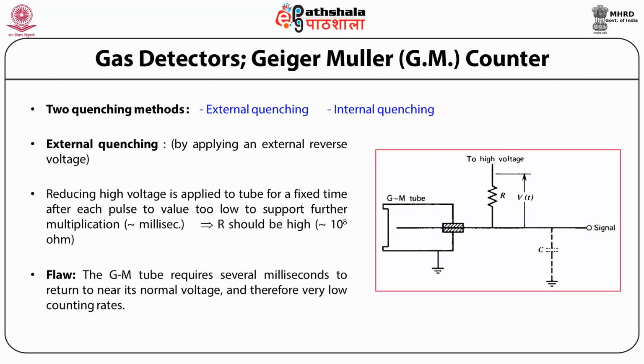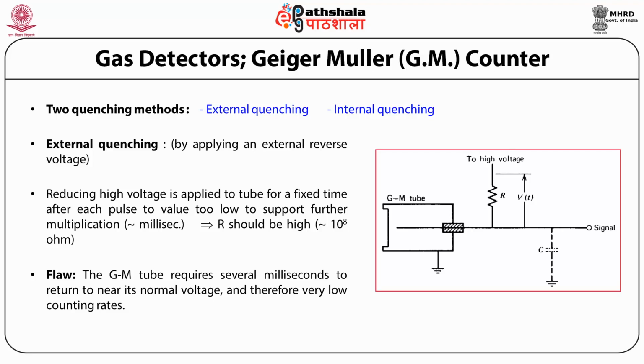This provides an excellent way of quenching multiple pulsing in the tube, but suffers from some disadvantage. What is the disadvantage? The GM tube requires several milliseconds to return to near its normal voltage, and therefore works only at very low counting rates.